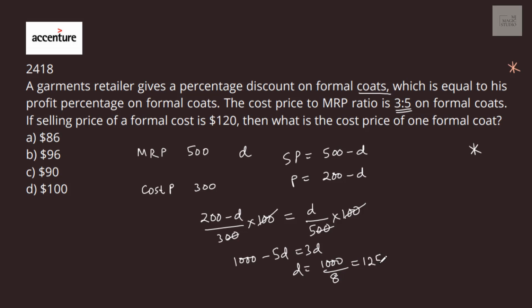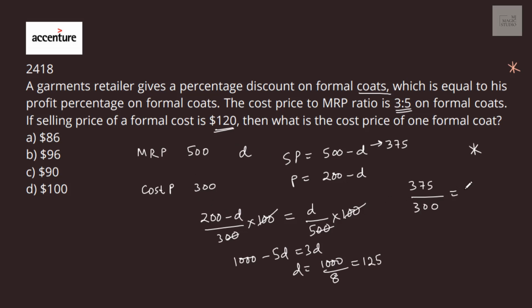That is 125. Okay. Now they've given that if the selling price of the formal coat is 120, we have seen that D is 125, so our selling price is 375. So when our selling price is 375, our cost price was 300.